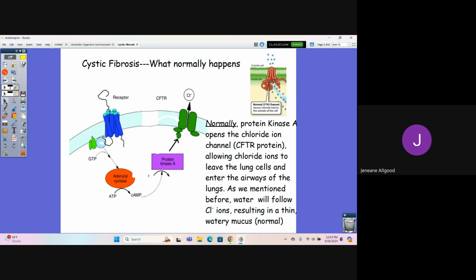Water is going to follow those chloride ions out to go towards an area of greater solute concentration. And when it does that, that excess water is going to thin out the mucus there, and it's going to create this nice watery kind of mucus, which is what you want. That's what's normal. Does that make sense? Okay.